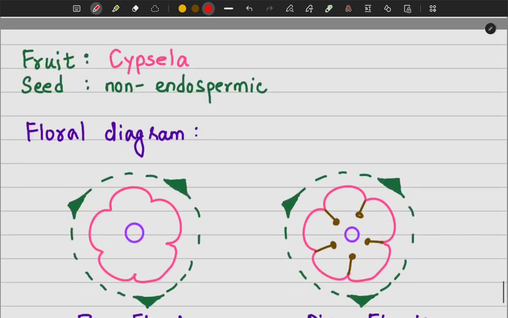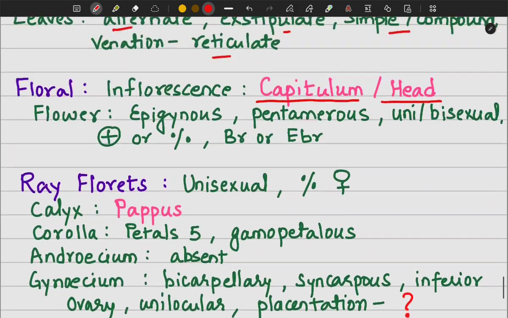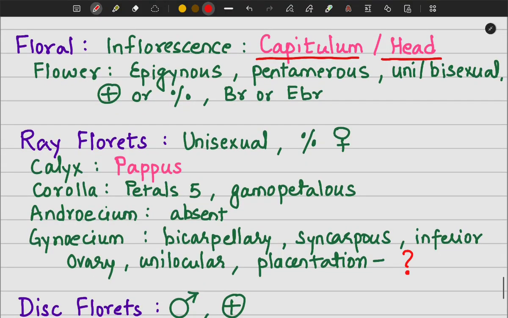So let us continue with the floral characters. We just studied about capitulum or head inflorescence. If we talk about the flowers, the flower is epigynous. Now we just discussed the inferior ovary, right? Where we studied about the ray florets of sunflower in one of its examples.